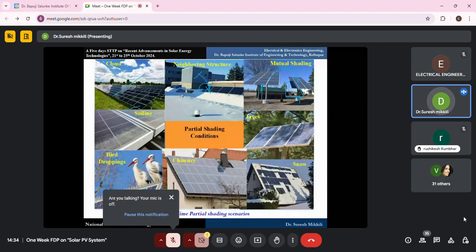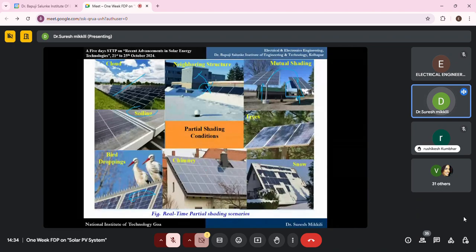Due to soiling, shading can happen. Due to bird droppings, shading can happen. At the top of your house, there is a chimney. Due to chimneys also, shading can happen, or snow can fall on the panels. So there are various different things.